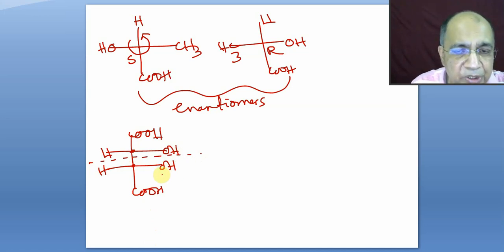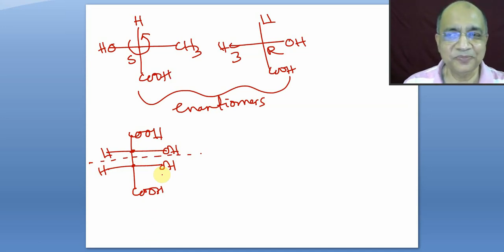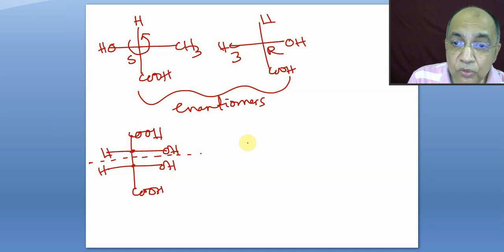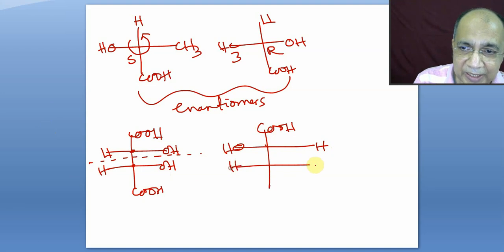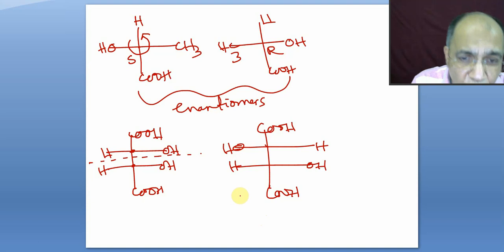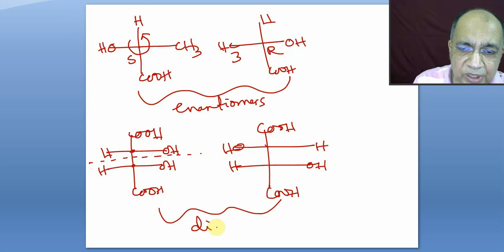So due to internal compensation, there is no optical rotation, although there are two chiral centers. Now, if I make one switch at any one chiral center, supposing I bring OH here, H here, then I get another diastereoisomer. This is an active form. There is no plane of symmetry, and this is an active form, either RR or SS. So these two are diastereoisomers.